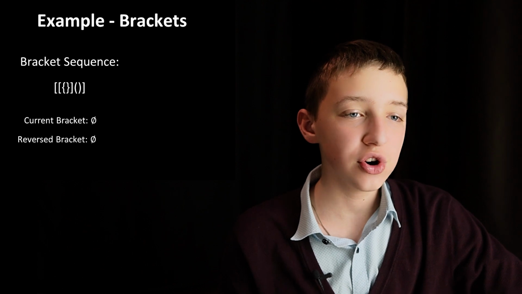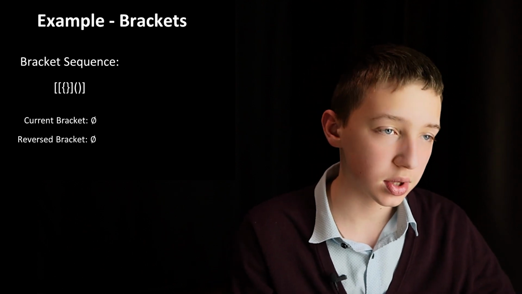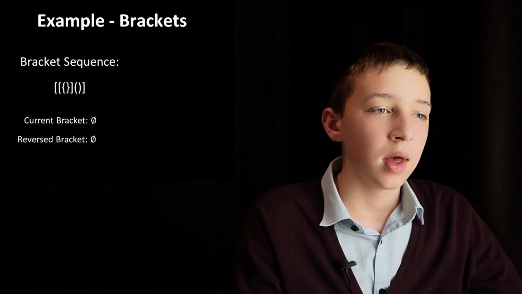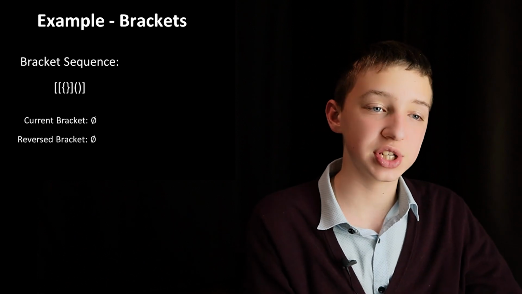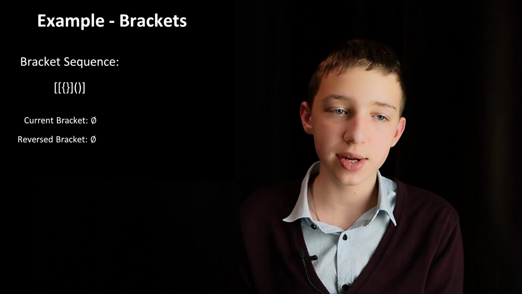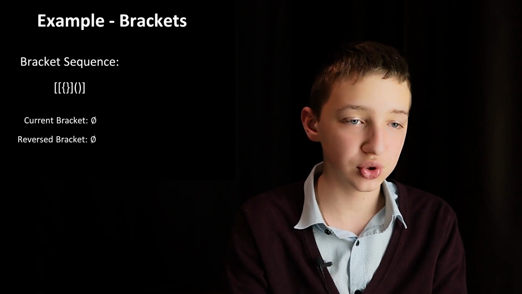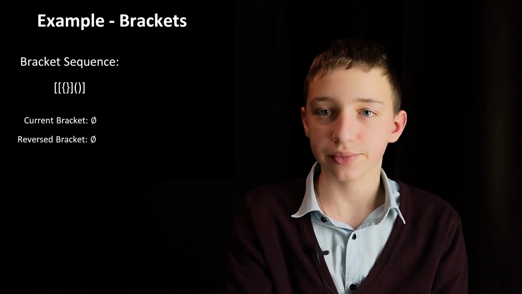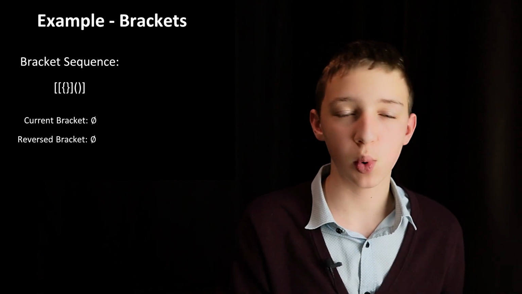Now let's look at the solution. In the first example, let's consider the following bracket sequence. As we process the string from left to right, I will be displaying the current bracket next to the associated reversed bracket. For a left bracket we have a right bracket, and for a right bracket we have a left bracket.